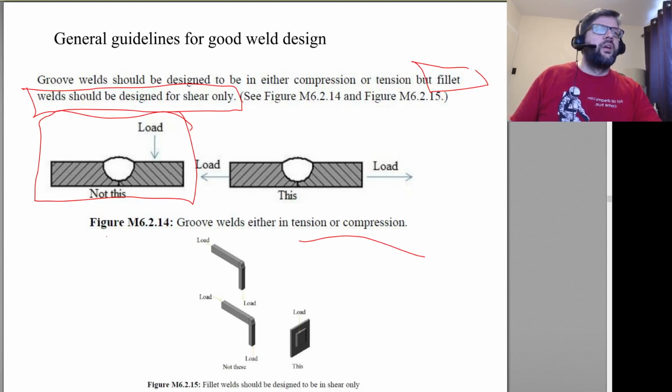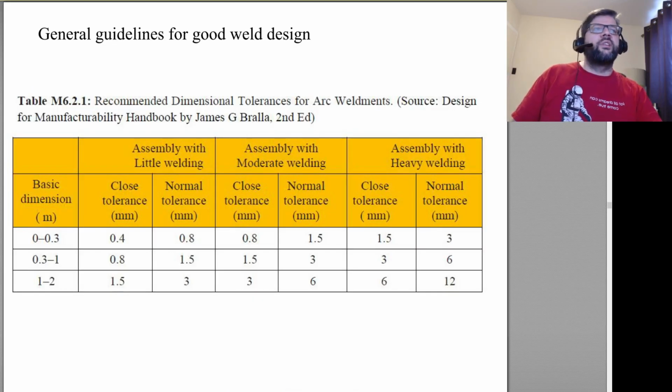But as we mentioned, dimensional tolerances: you don't get very good dimensional tolerances. So again, based upon the basics, how big the thing is to begin with, and how much welding you do, you can expect different tolerance ranges.